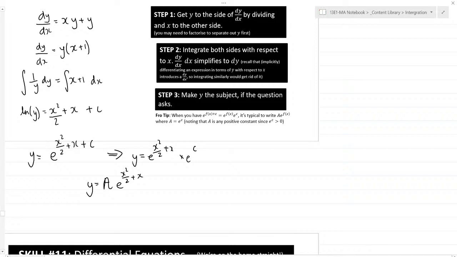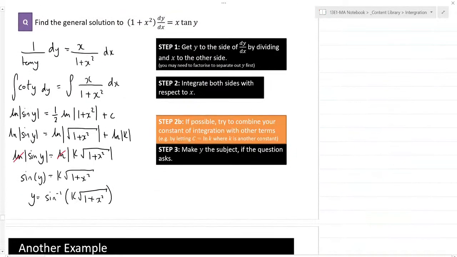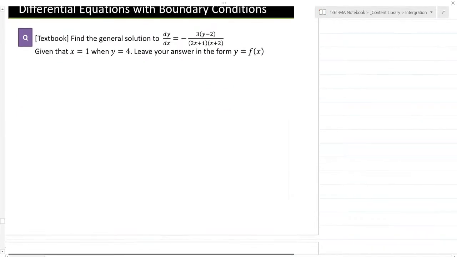Here, because both sides are in terms of ln, you've got ln sine y and ln of the square root of 1 plus x squared, you then use the constant as ln k to bring it together. Does that make sense? Yeah? Super. Everybody right with that? Cool.